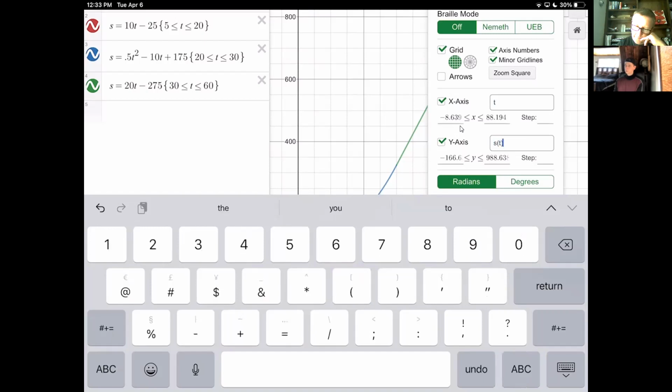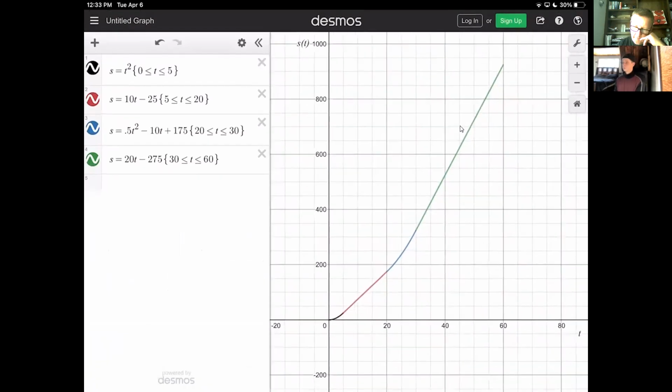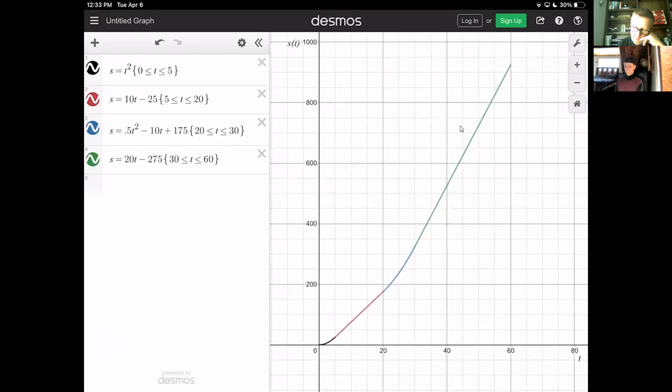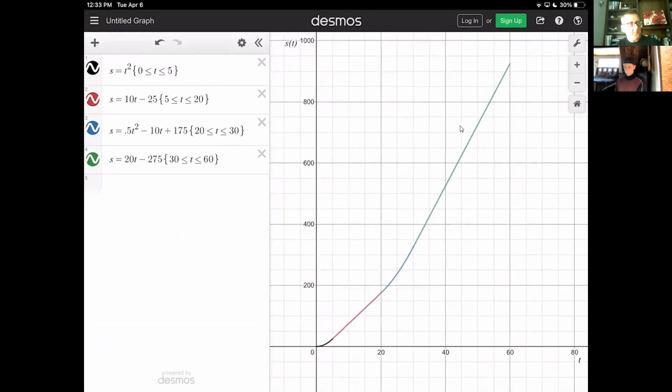Sweet. So now I've even got a label on there, and that's kind of cool. So it's continuous motion, but there's 4 phases to it. That's just kind of neat.